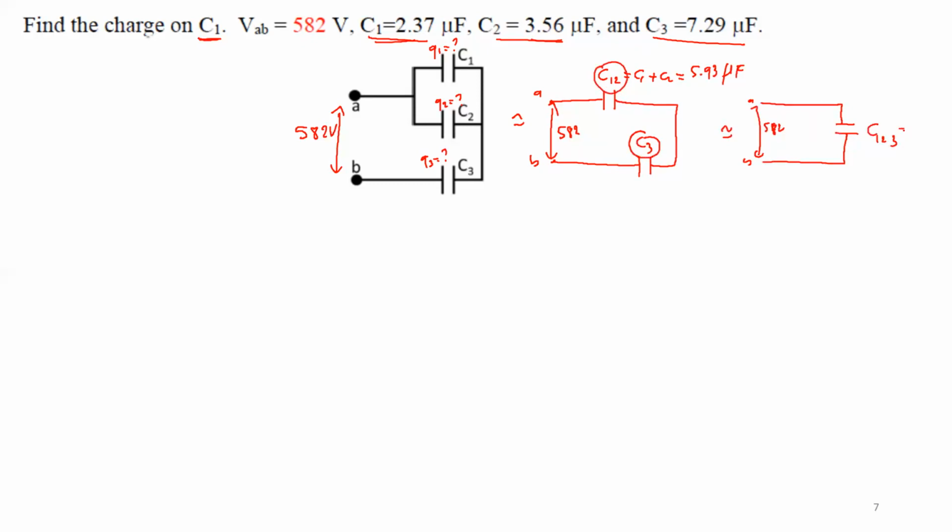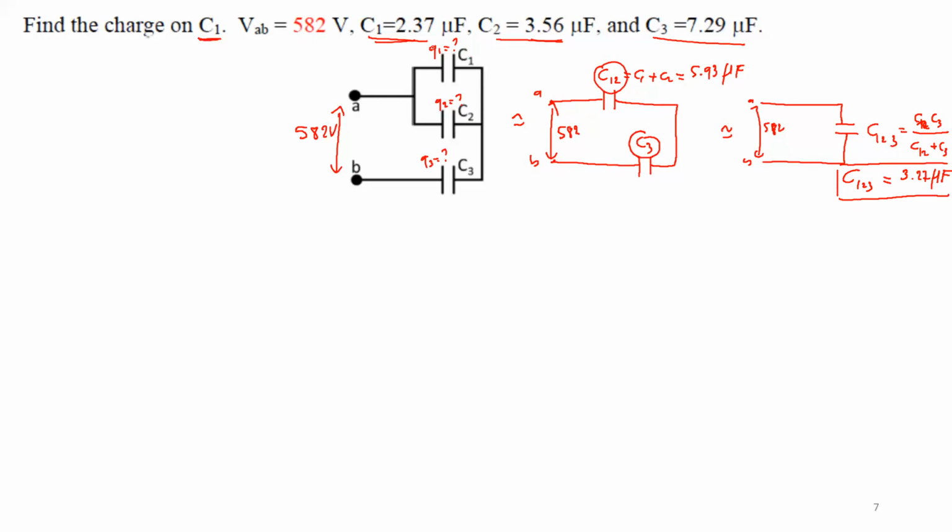So C123 will be just the product, C12 multiplied by C3 divided by the sum, C12 plus C3. Do you agree with me? And this gives you what? You calculate it. It gives you 3.27 microfarad. This is C123.